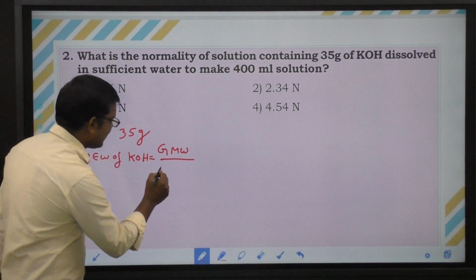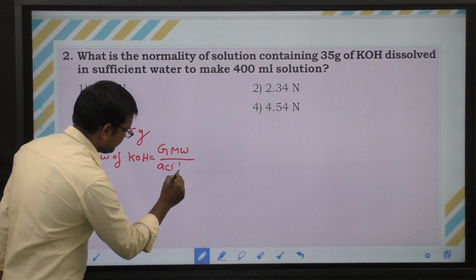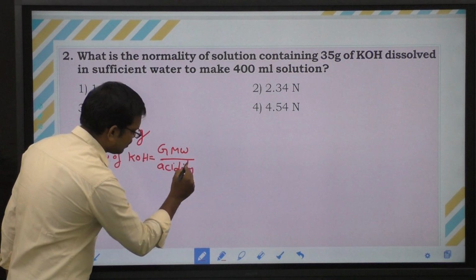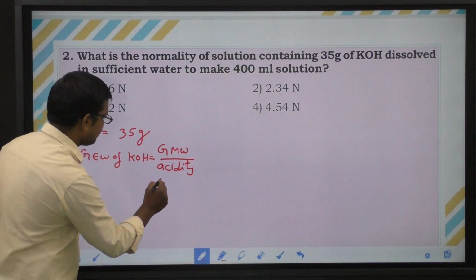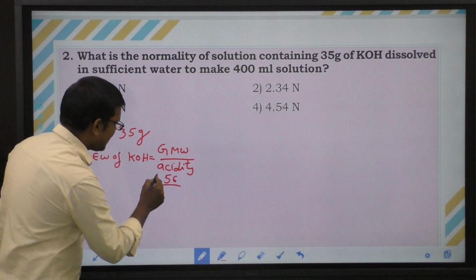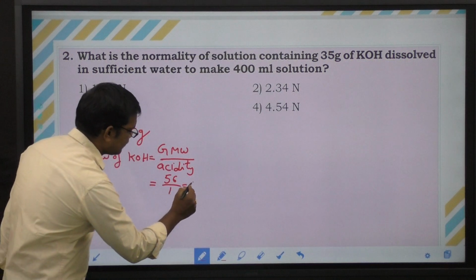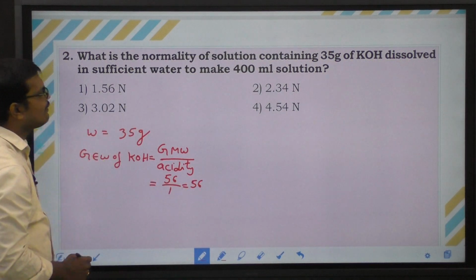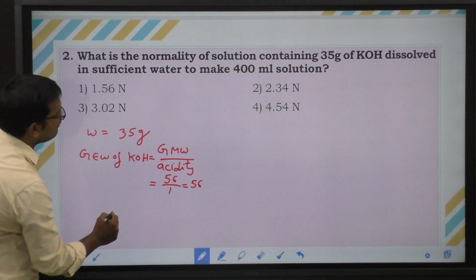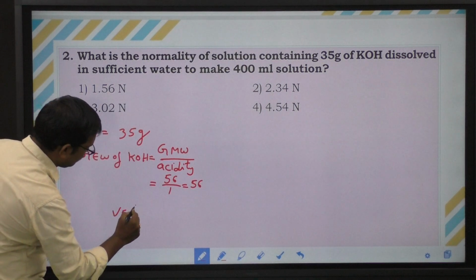The gram molecular weight of KOH is 56. It contains only one OH minus ion, so 56 by 1 is 56. And volume is also given: 400 ml.